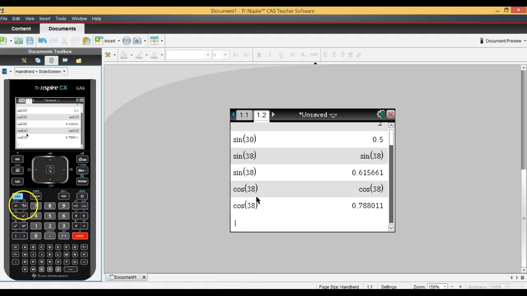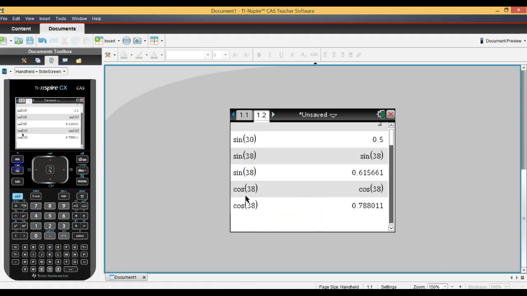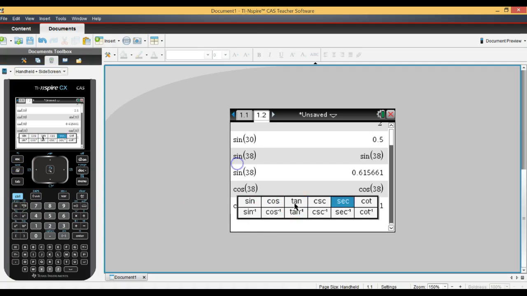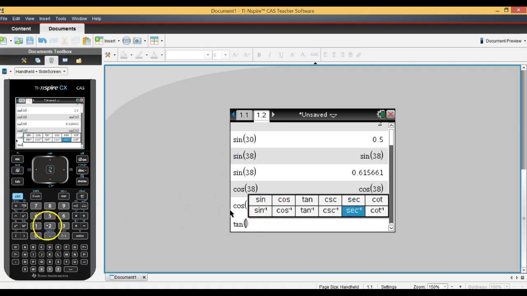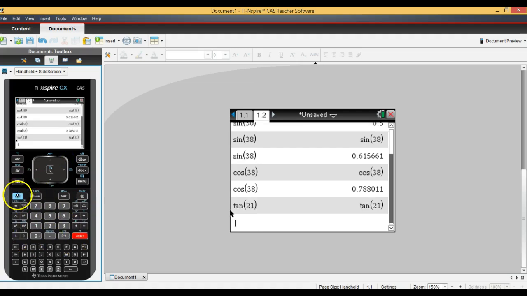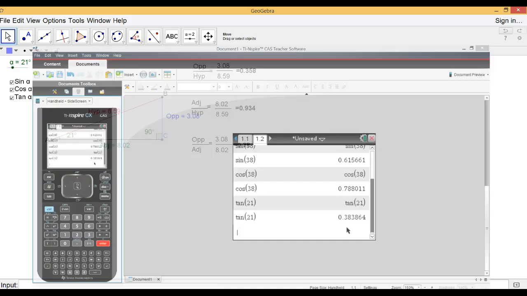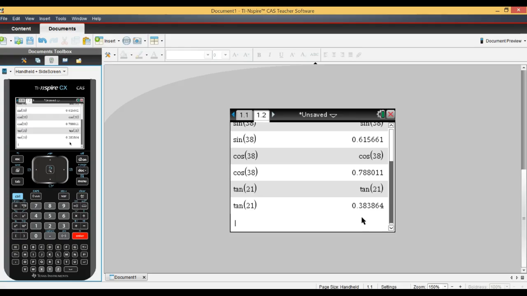So tan of 21 degrees, close that bracket, hit enter. 0.384. 0.38 to 2 decimal places.